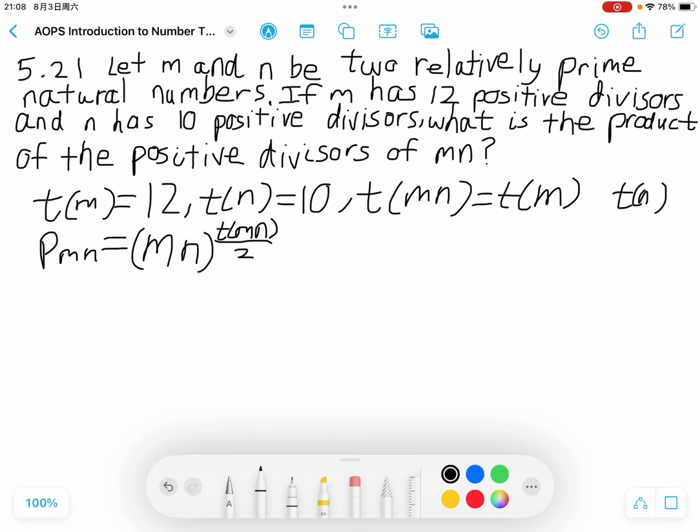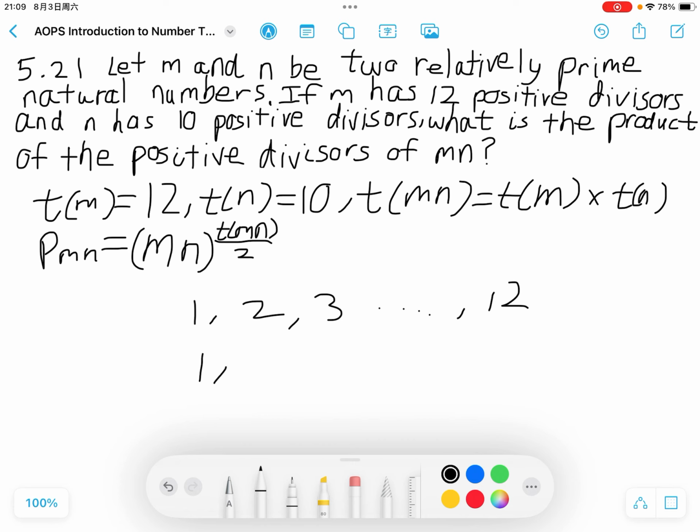Well, it's multiplication, because for every divisor in m, we can have 1, 2, 3. Let's say these are the 12 divisors of m, for example.